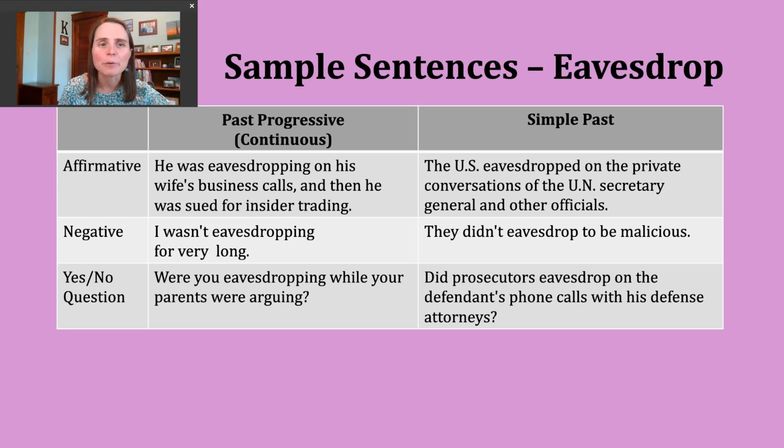Let's take a look at an example. He was eavesdropping on his wife's business calls, and then he was sued for insider trading. As I looked for examples of this verb, I actually noticed there were many instances where this has happened in various countries where, interestingly enough, it was a lot of men listening to their wives working, or in one case, I think it was a fiance, right?